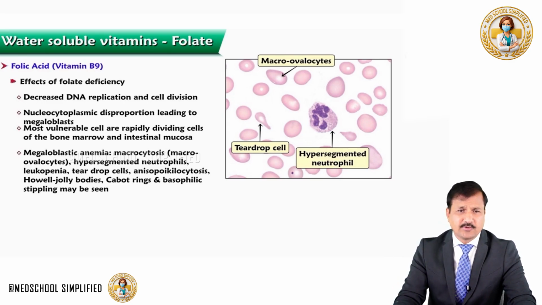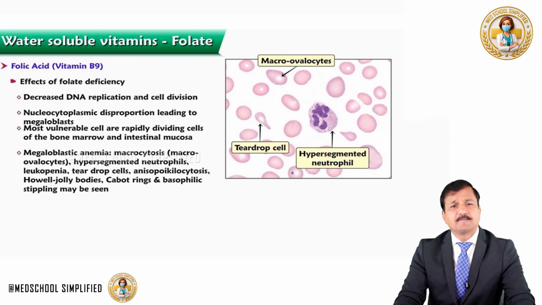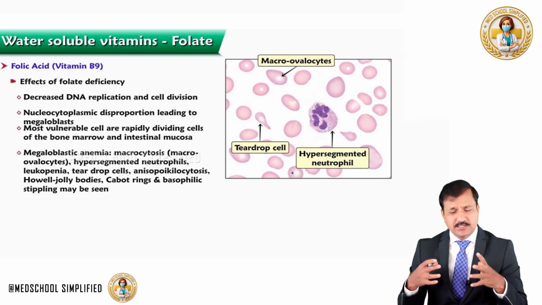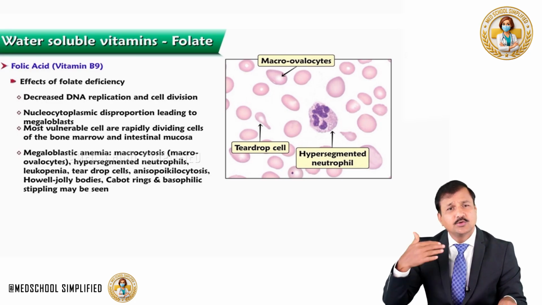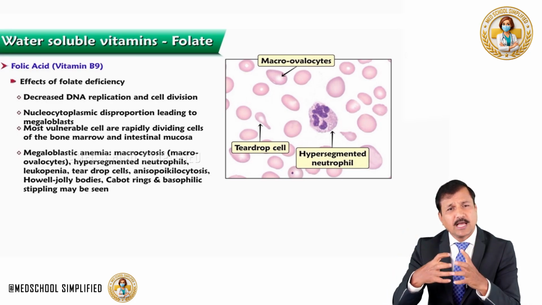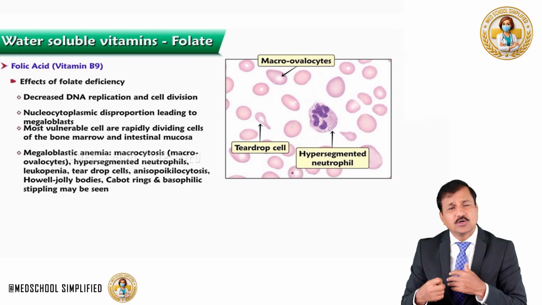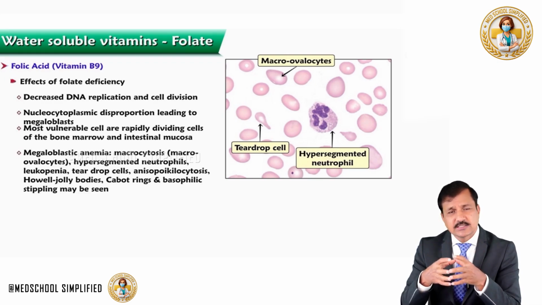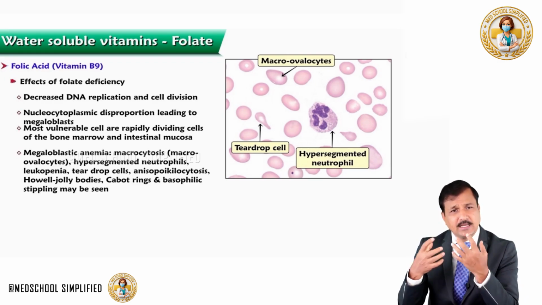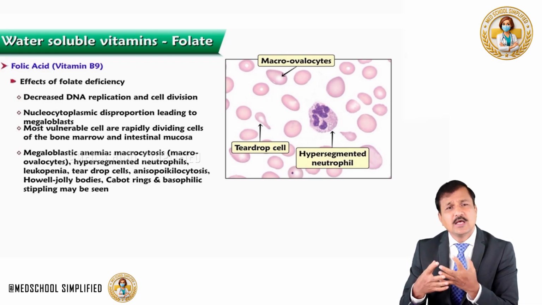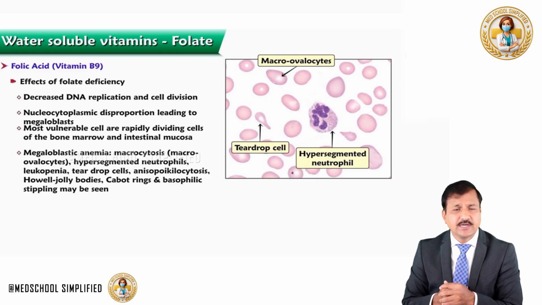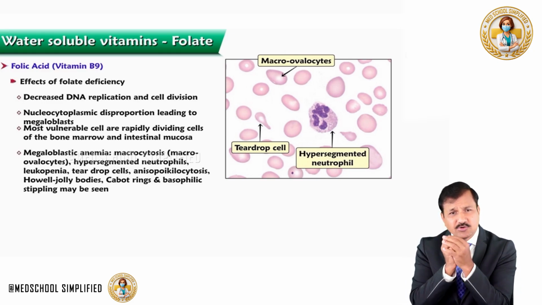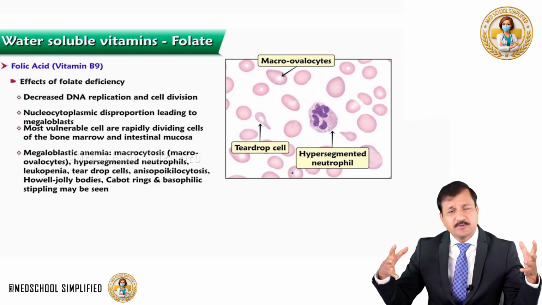So because of this, what will happen? Especially in the red blood cell, when the red blood cell is going through the developmental phase, like erythroblast into erythrocyte. In the erythroblast, the red blood cell has a nucleus, and that nucleus has to make mRNA and protein synthesis has to go on. That process will be affected if there is a folic acid deficiency. That means nuclear size will be very small, cytoplasm will be too much.